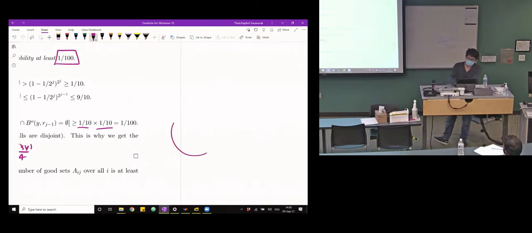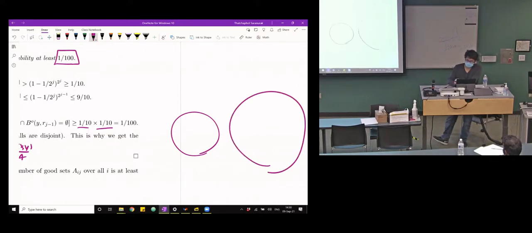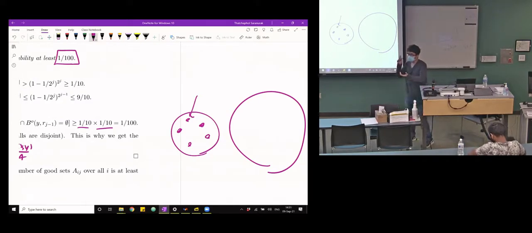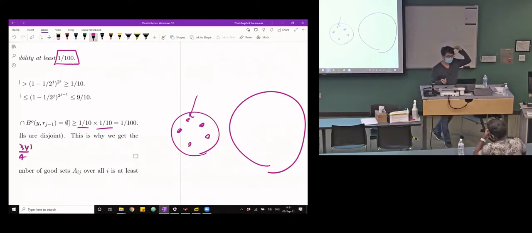Oh, because you have two sets which are disjoint, and for each set you ask whether each point in Aj you sample independently, first of all, right? But if a point is in the closed ball of x, it's surely not in the open ball of y, right? So the two events can be related.